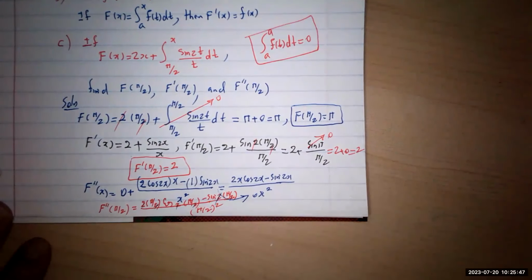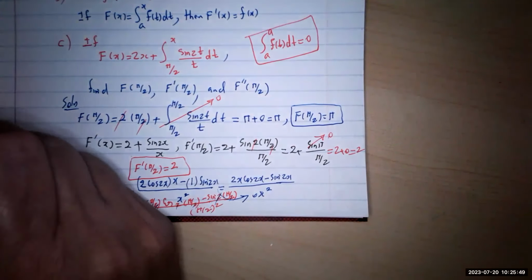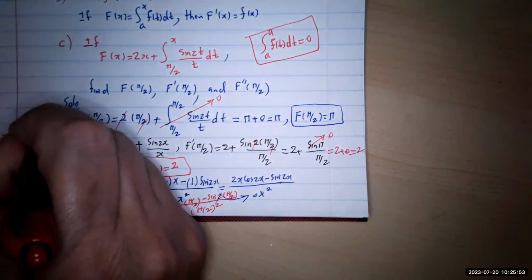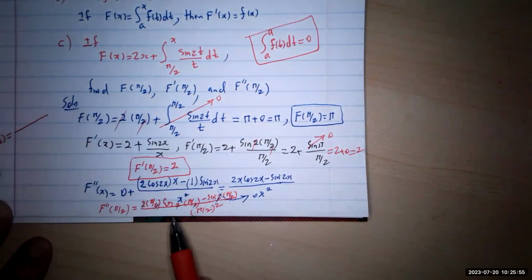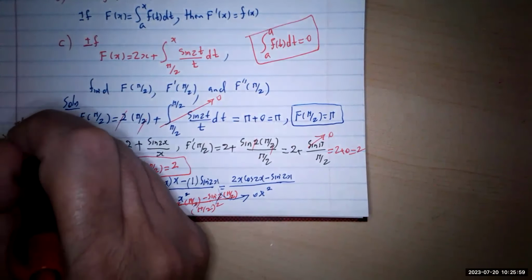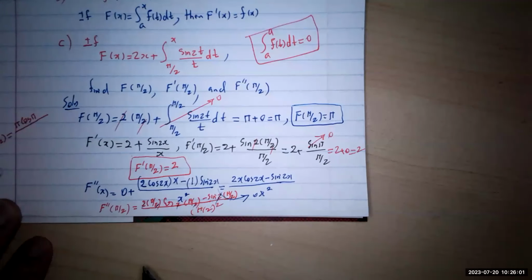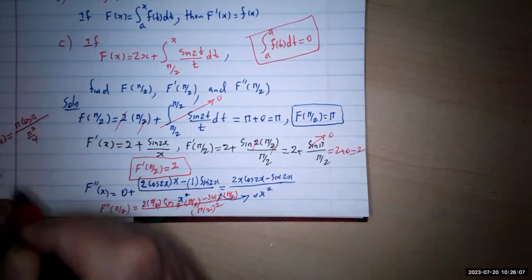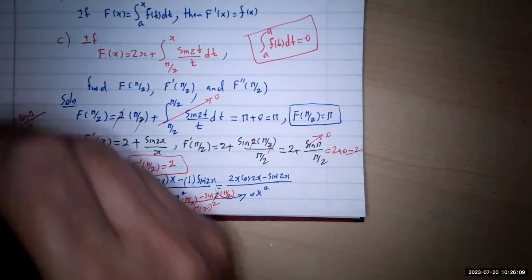So I write it down up here for you. F double prime of pi half. This is what is going to be left on the top: pi cosine of pi, divided by pi squared over 4. Cosine of pi is negative 1.